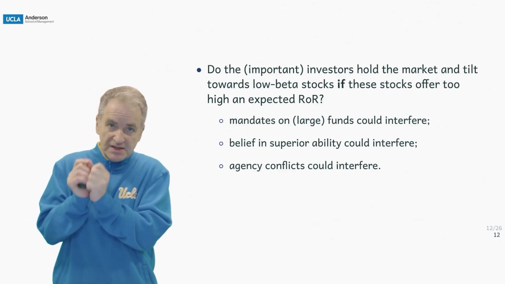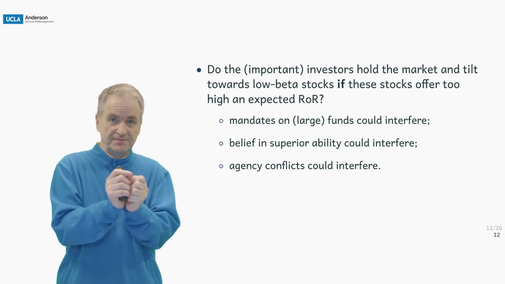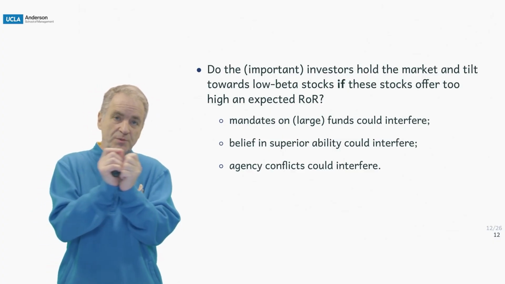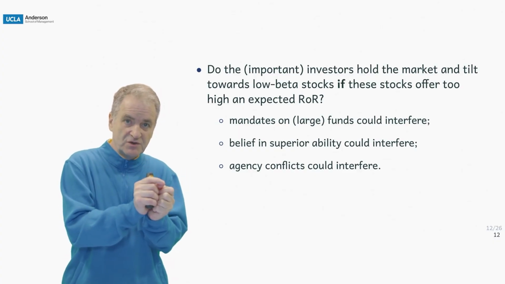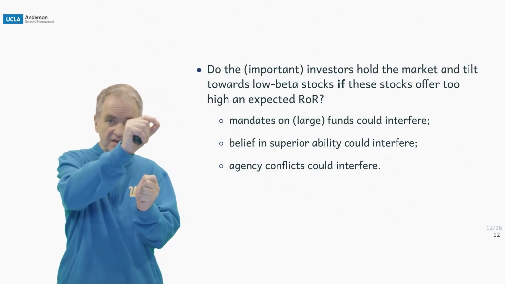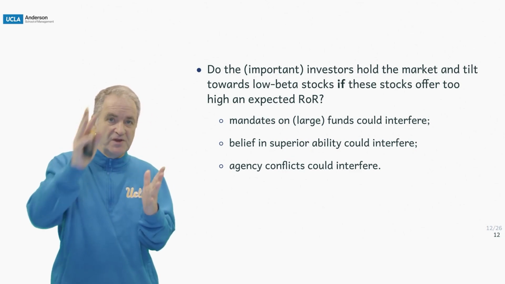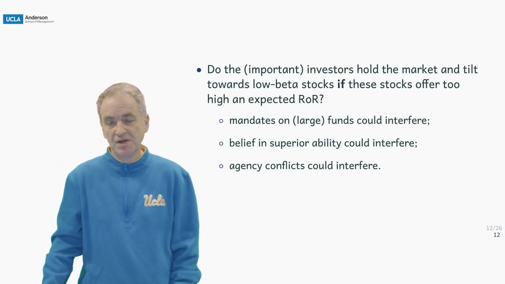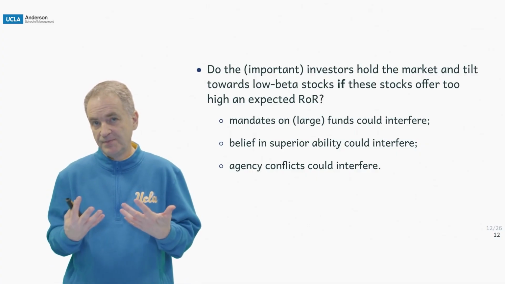You would tilt your portfolio more towards low beta stocks, because low beta stocks should have lower expected rates of return, which means higher prices. But in real life, they still offer roughly the same expected rates of return. So they give you this insurance almost for free.